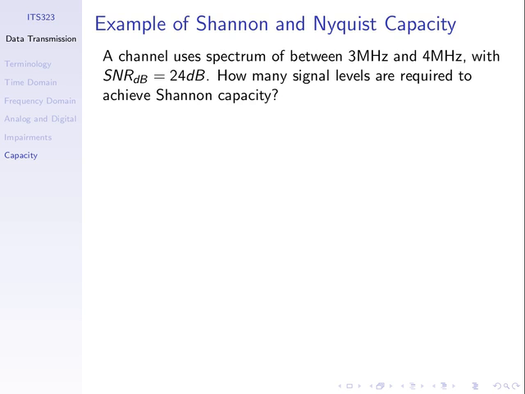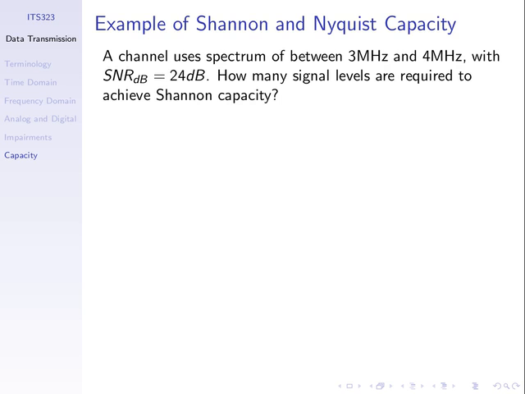What else do we know? It's given in the question that SNR in decibels, SNR dB, equals 24 decibels. The Shannon equation, Shannon capacity, relates bandwidth and SNR. What does the question ask for? It doesn't ask for the Shannon capacity, it asks for how many levels we need in our signalling scheme to achieve that capacity.